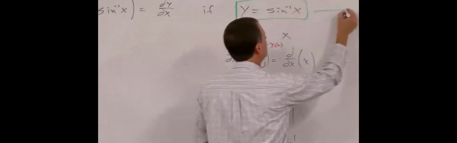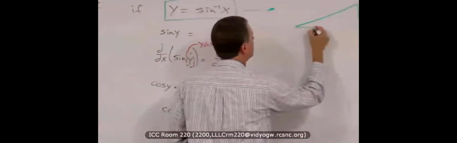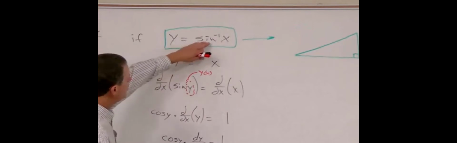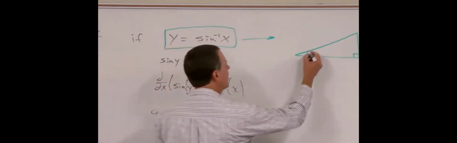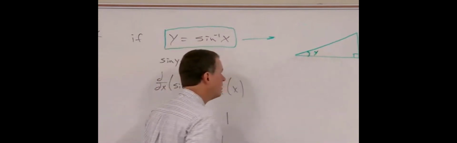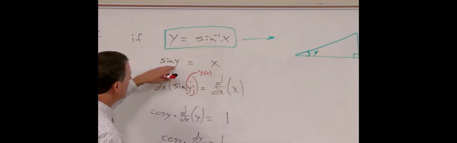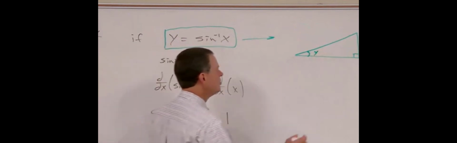So what does this statement up here mean? I have a triangle. It says that when you do inverse sine, you're getting an angle. So the angle is y. This angle right here is called y. And it's telling me that the sine of that angle y is x, so that would be x over 1.